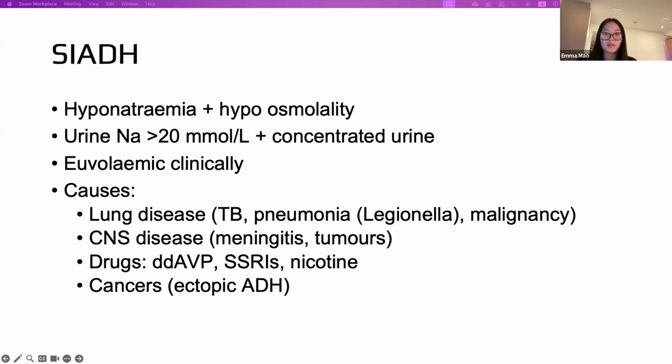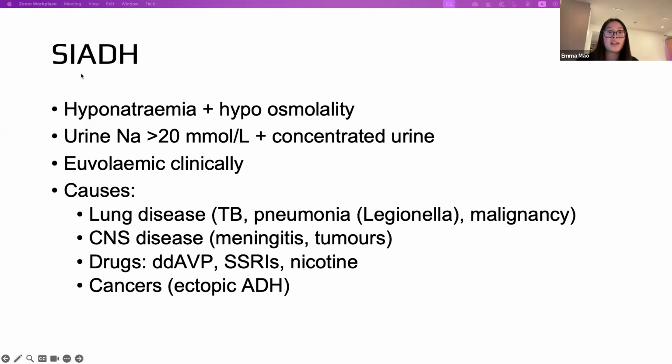Okay, so SIADH. It's hyponatremia and hypo-osmolality. The urine is often very concentrated, but they're euvolemic clinically. You can read up on it later, but it somehow balances out.